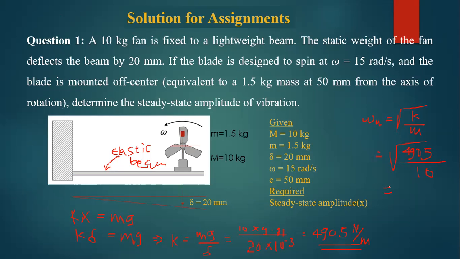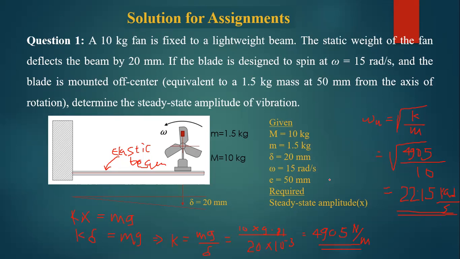So we get the natural frequency of the beam as 22.15 rad per second. We can compare here: the forcing frequency is 15 rad per second, and the natural frequency is 22.15. So there is no condition of resonance. Omega n and omega are different, so we don't need to worry about resonance.